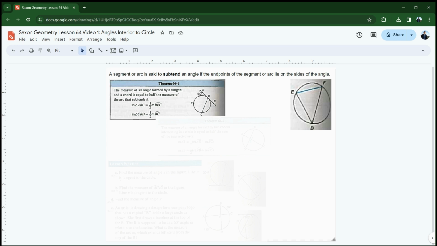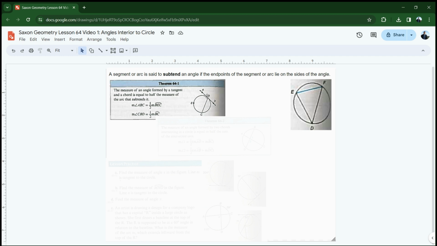If we figure out the measure of that arc, then we can multiply it by 1/2, and that gives us the measure of the angle that it subtends. Okay, does that make sense? So if I want to find the measure of ABC, what I should do is find the measure of arc BEC. Notice I named the arc with three letters because it's not a minor arc, it's a major arc, one of the big ones.